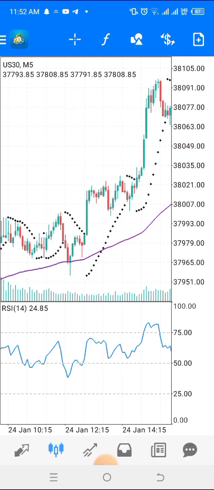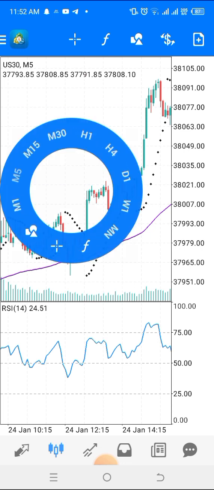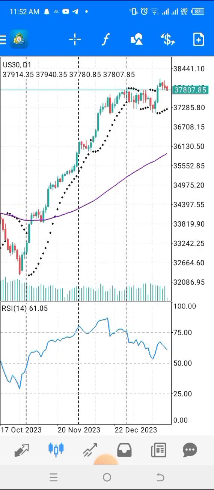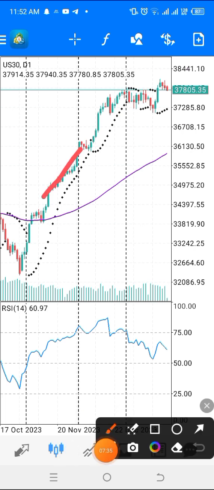Now, what other things can you add to this strategy to make it even better? Before we take the trades, we can go on a higher time frame. When we go on a higher time frame, like the daily time frame for the US 30, we can see that the candlesticks are above the 100 exponential moving average on the daily time frame.